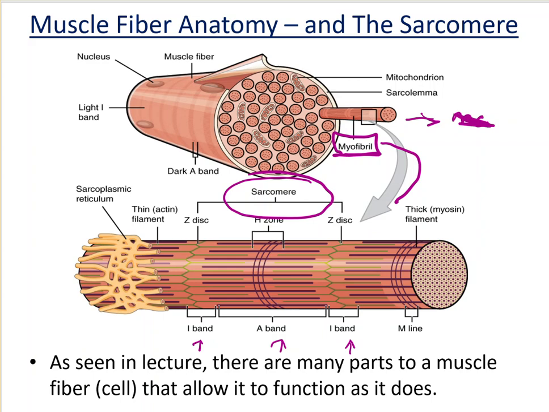And your sarcomeres are actually your unit of muscle contraction. We will talk about how the muscle contracts in your lecture portion of the class. For now, I just want you to know the basic anatomy, and then in class, we'll look at how the sarcomere actually goes about doing the muscle contraction. Right? Your I bands are called I bands because they're light in color.